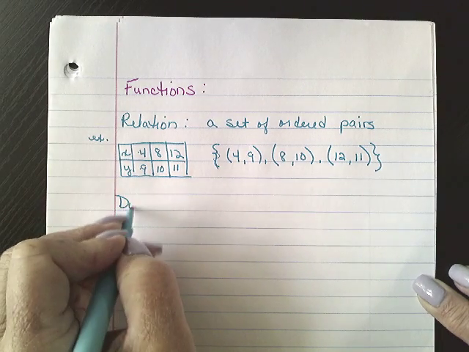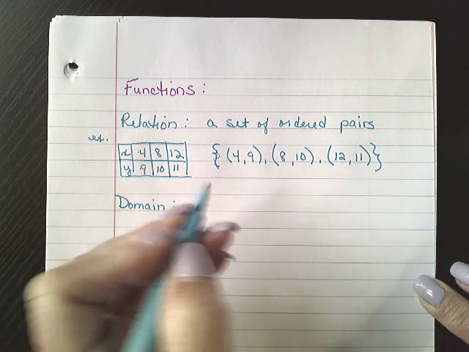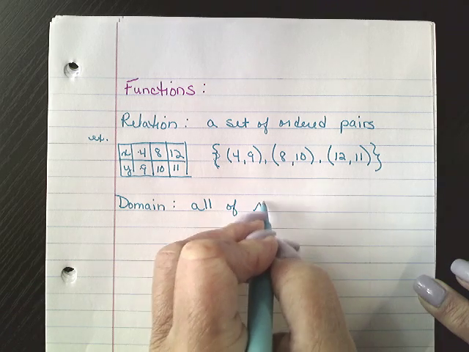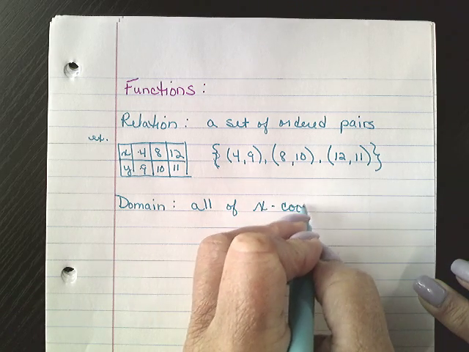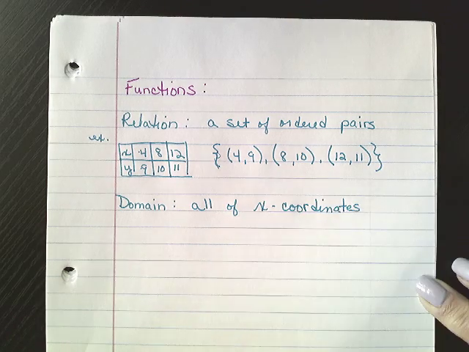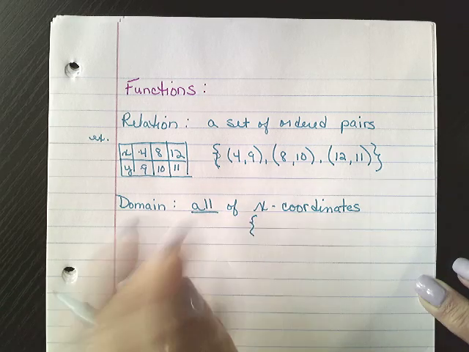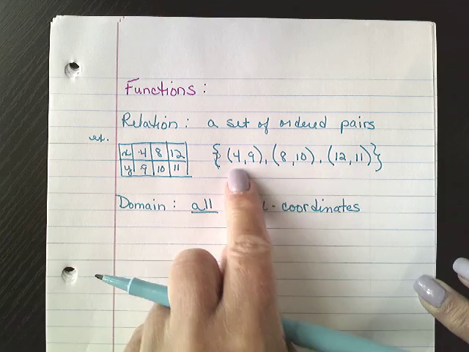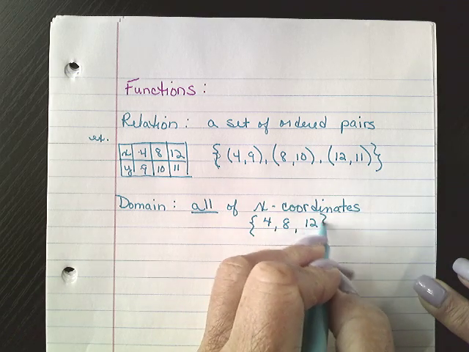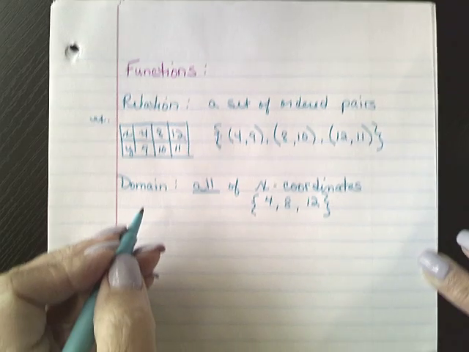Let's talk a little bit more about what each part of this means. The first thing we're going to look at is domain. And what is the domain? The domain is all of the x coordinates. What would that look like looking at our ordered pairs above? 4, 8, and 12. Those are our x coordinates, the domain.